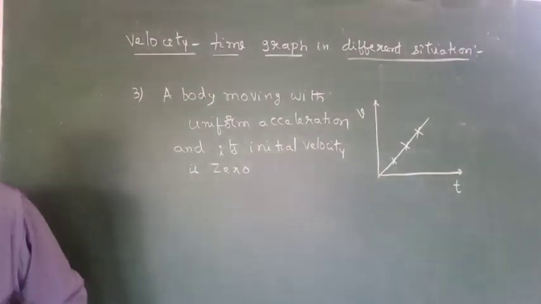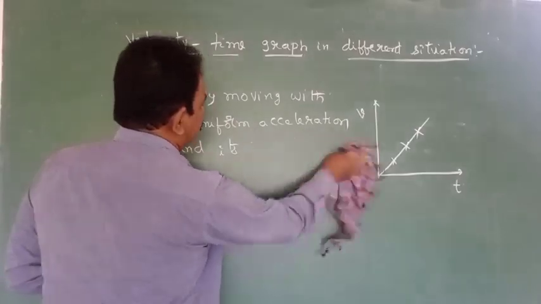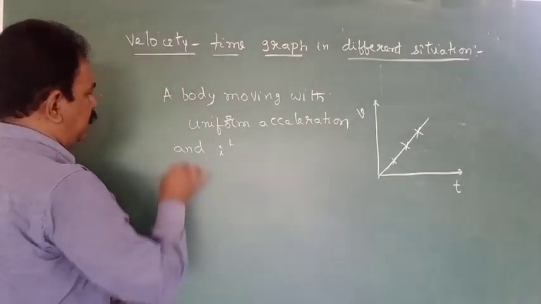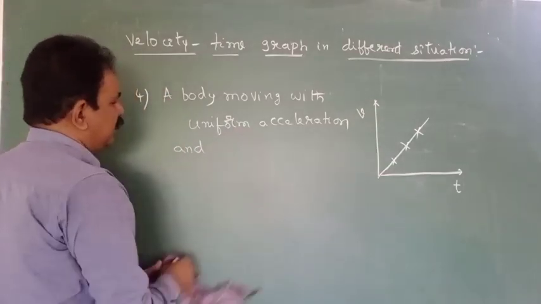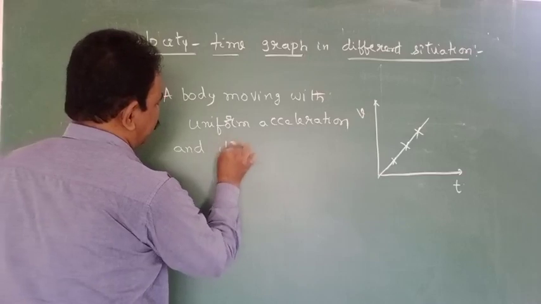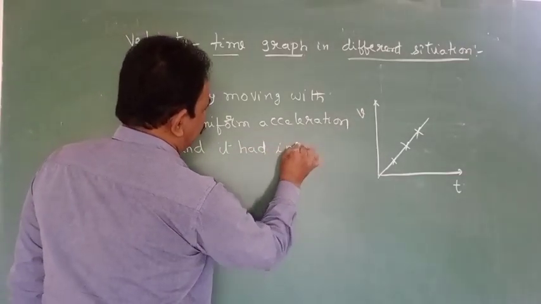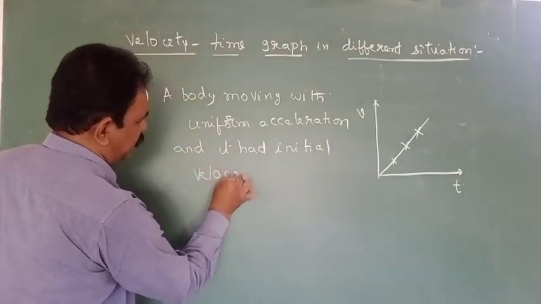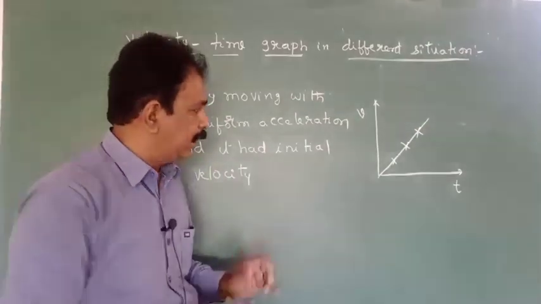Now, if the velocity is not 0, and a body is moving with uniform acceleration and it already has some initial velocity, then it starts moving with uniform acceleration.